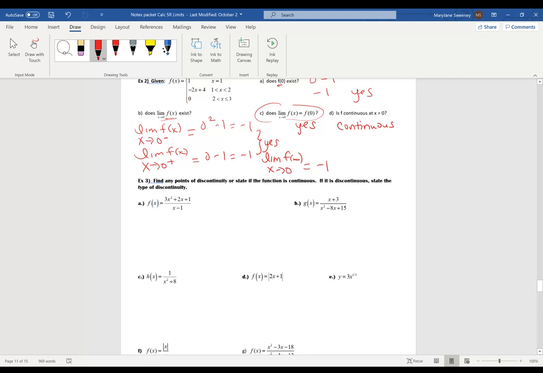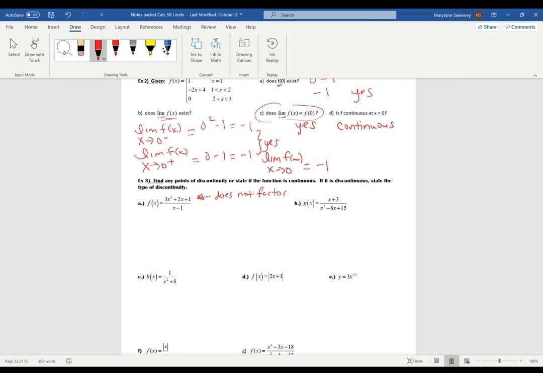So for example 3, it says find any points of discontinuity or state if the function is continuous. If it's discontinuous, state the type of discontinuity. Okay, with fractions, what you want to look at first is, does any factor cancel? Because a factor canceling means there's a hole in the graph. When I look at the numerator, it does not factor, so there's not going to be a hole in the graph.